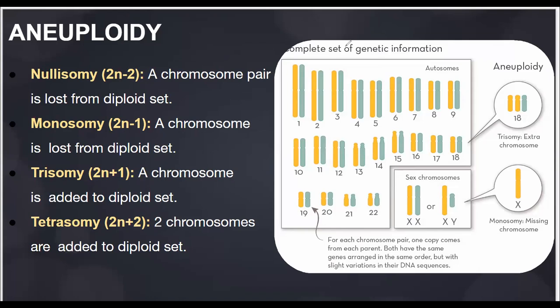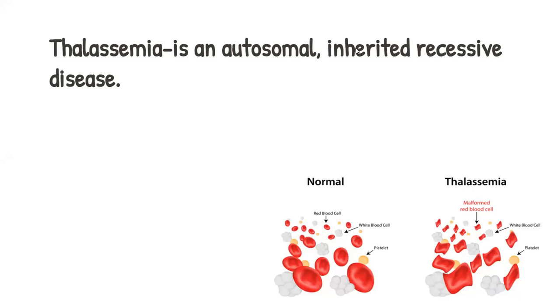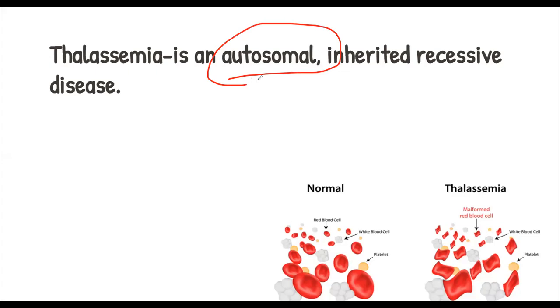Now we move to the first example regarding Mendelian disorders, thalassemia. You just need to know briefly about this. What is thalassemia and what are the symptoms of thalassemia? It is an autosomal disease. The earlier diseases that we discussed, color blindness and hemophilia, were sex-linked disorders, sex-linked inheritance.